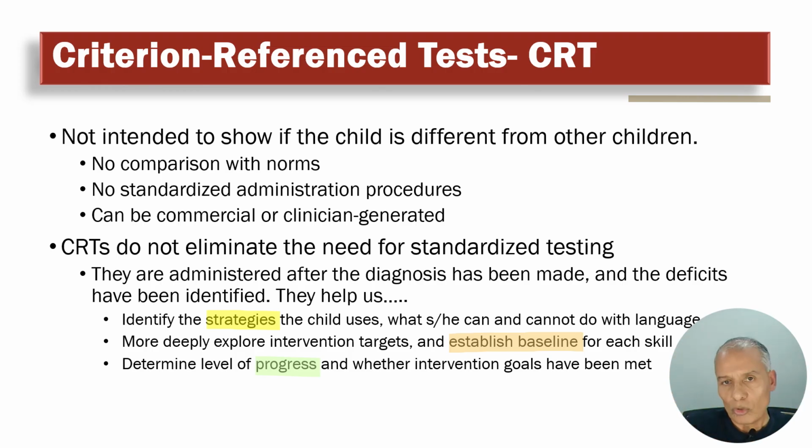And then you go to treatment and say, for accuracy, I want the child to do the same thing, but I want to see 70% accuracy instead of 40. And as you keep working, you want to see progress moving towards 70. And then determine the progress and whether the intervention goals have been met.